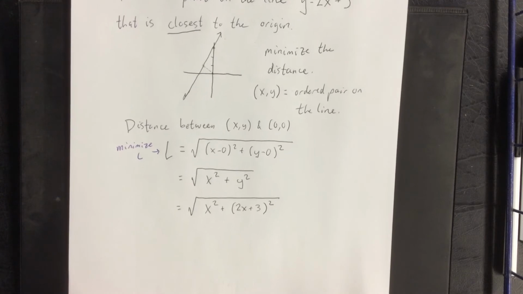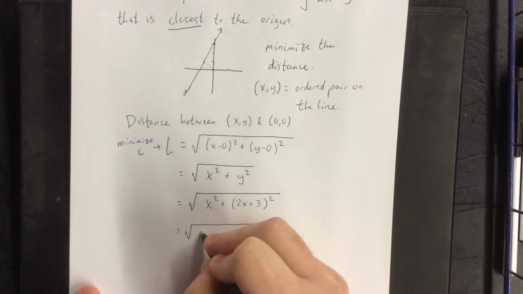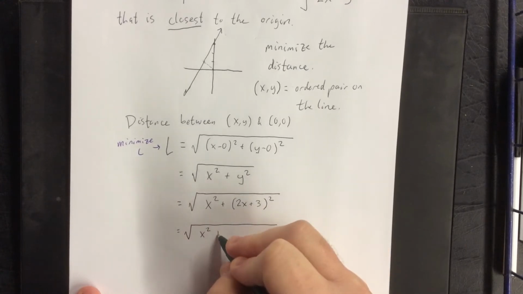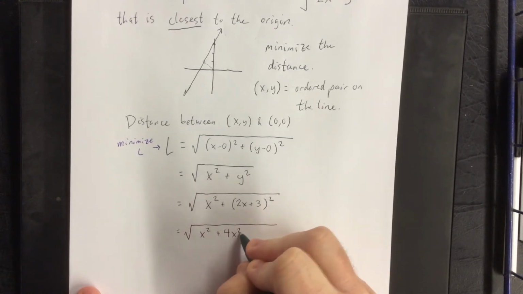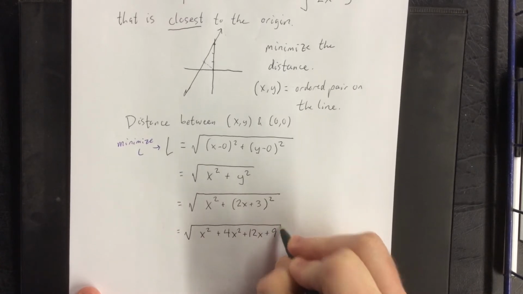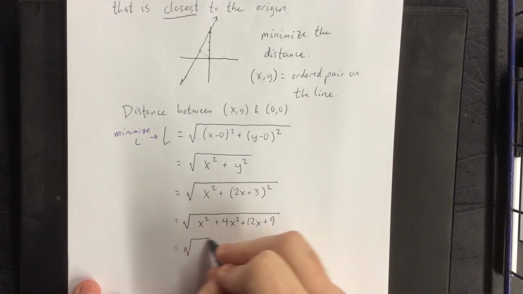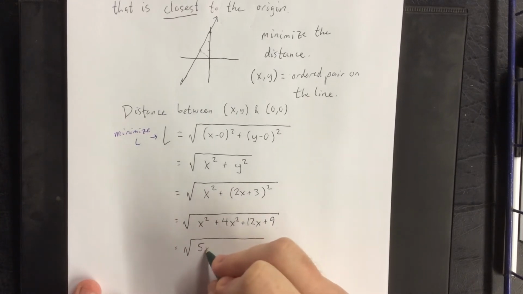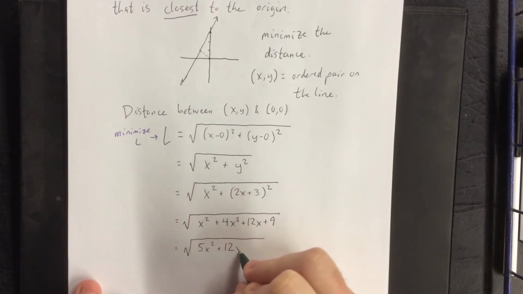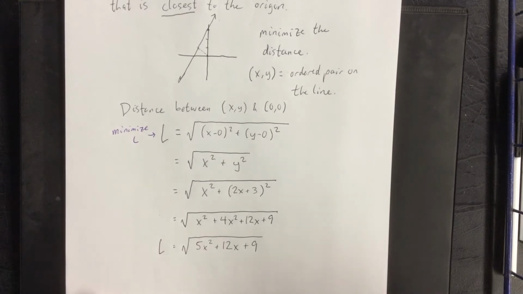Now, I think that some expanding and combining of like terms is in order. So first thing I'm going to do is expand the (2x plus 3) quantity squared using my second favorite four-letter F word, which is FOIL. Combining like terms is going to give us 5x squared plus 12x plus 9. That'll give us length in terms of only one variable.